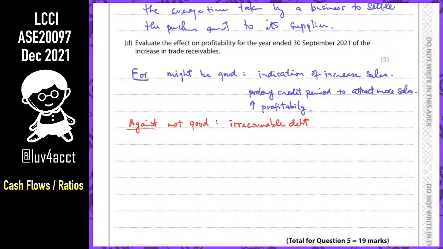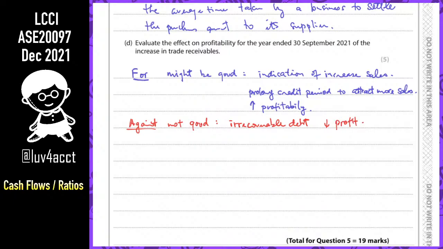And irrecoverable because they haven't paid us. Now we have irrecoverable debt. It can also be that we have an allowance for irrecoverable debt to be created. We should also consider this, and that will decrease profit because it is an expense.